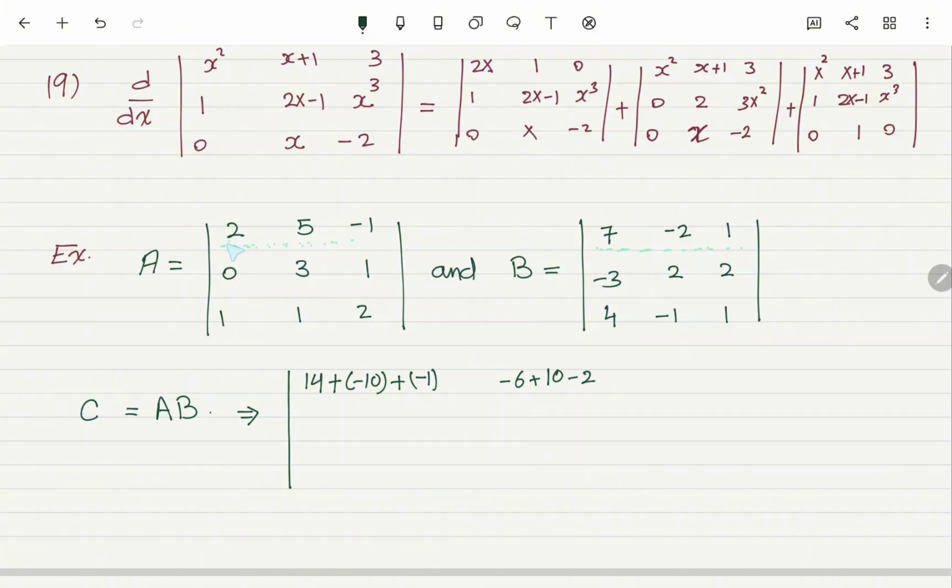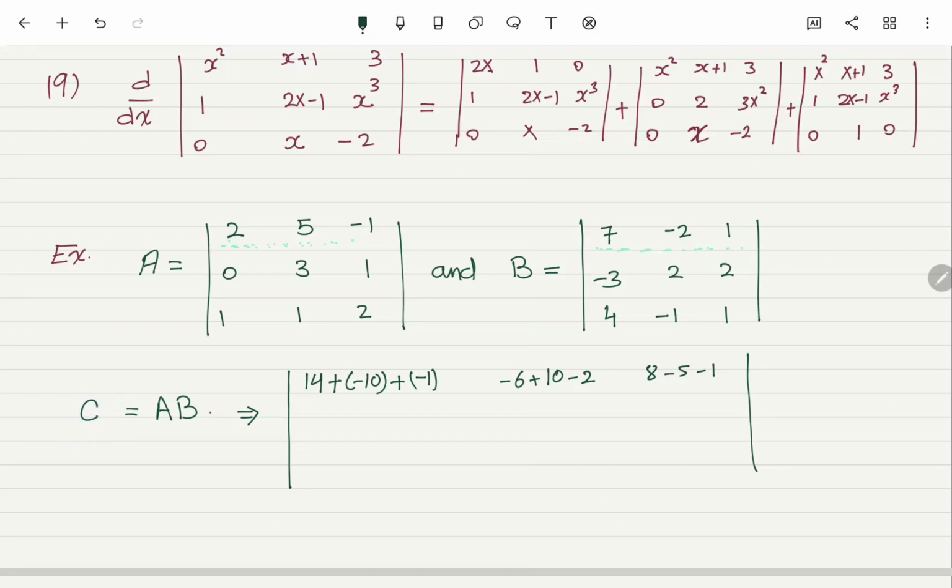And again, the first row with the third row for the second determinant, and 2 multiplied by 4, it's 8, and 5 multiplied by minus 1, minus 5, minus 1 times 1, minus 1. Now this is the first row of determinant C.